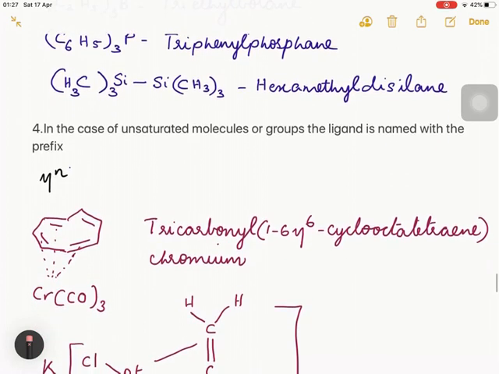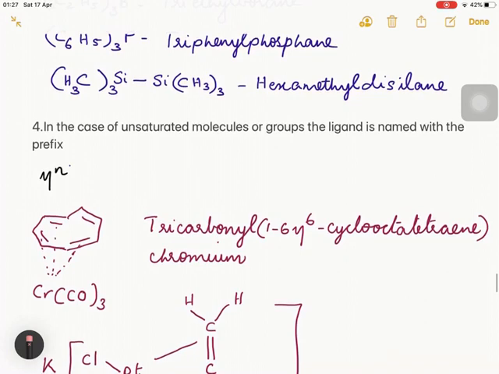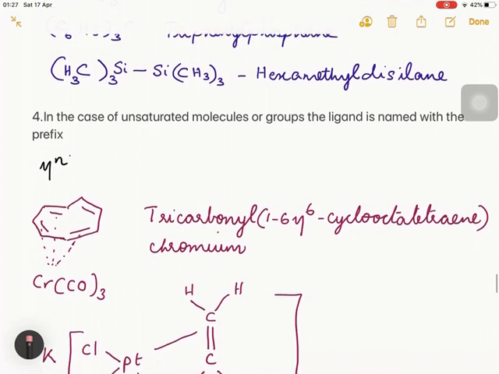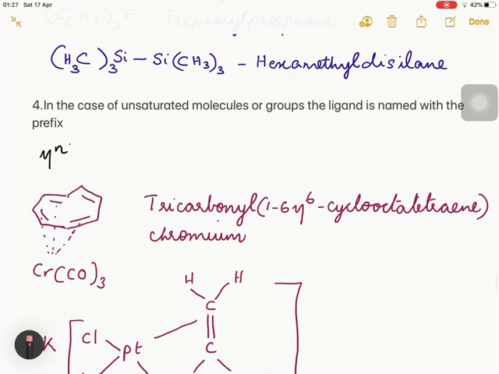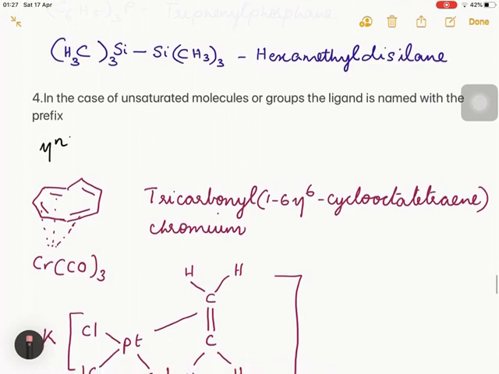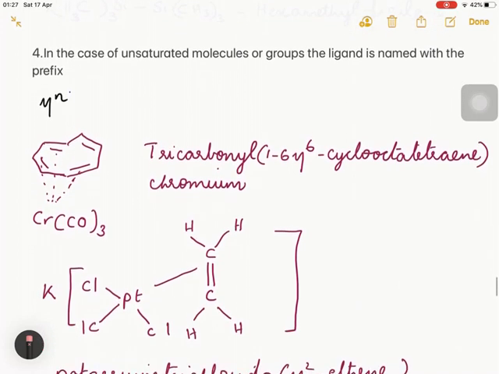Now the next one is, in the case of unsaturated molecules or groups, the ligand is named with the prefix eta raised to n. If the ligand is an unsaturated molecule or a group, usually we use the prefix eta.